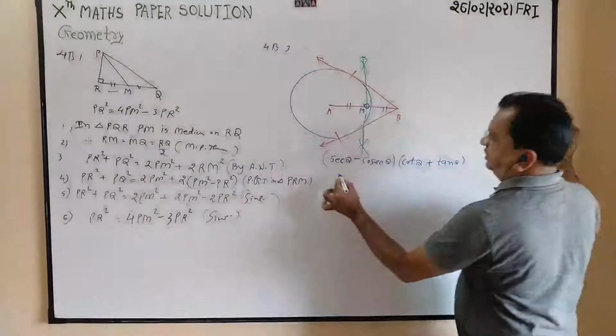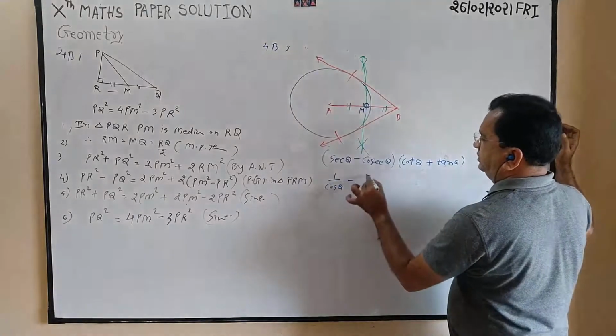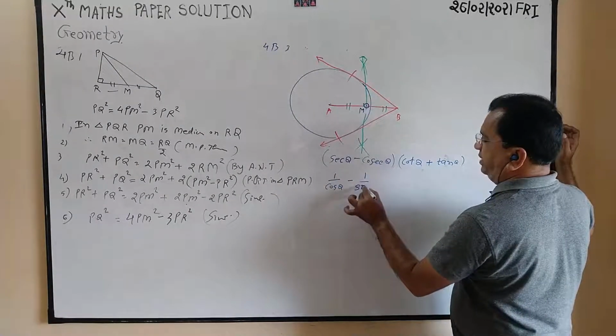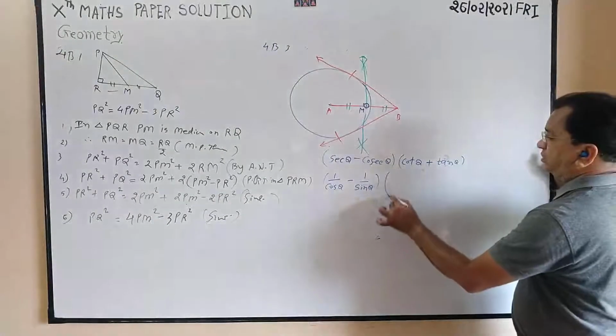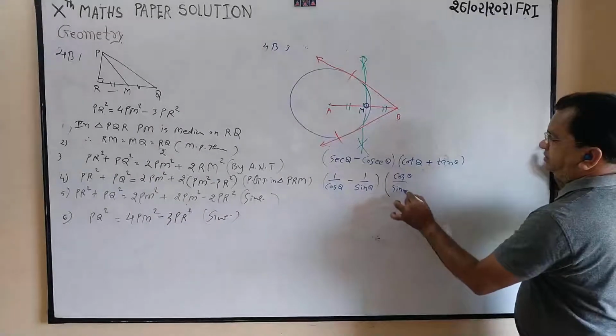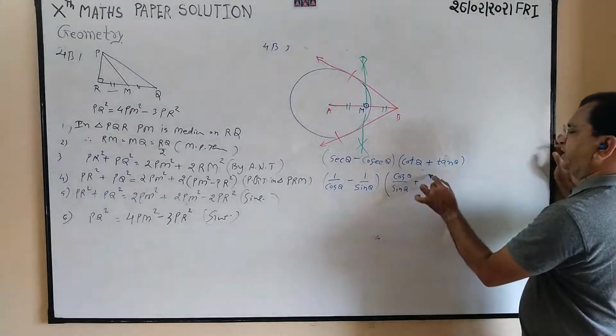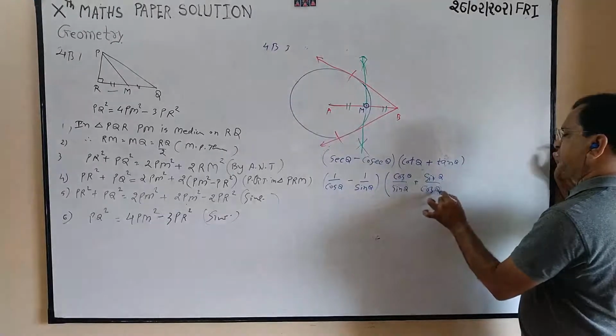Okay, sec theta means 1 by cos theta. Cosec theta means 1 by sin theta. Cot theta, cos theta by sin theta. Tan theta, sin theta by cos theta.